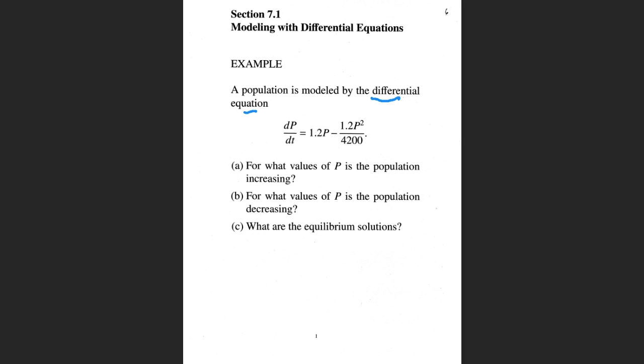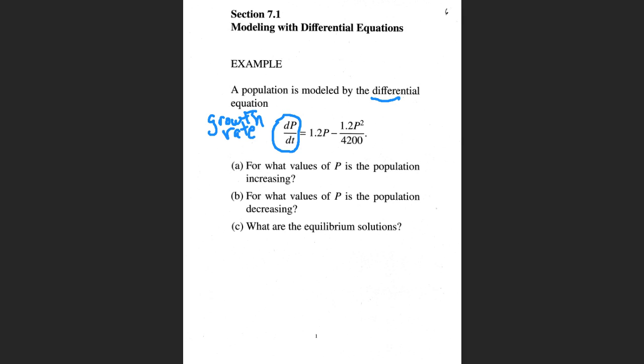So dP dt is a rate. It's a growth rate. How does the population change with respect to time?